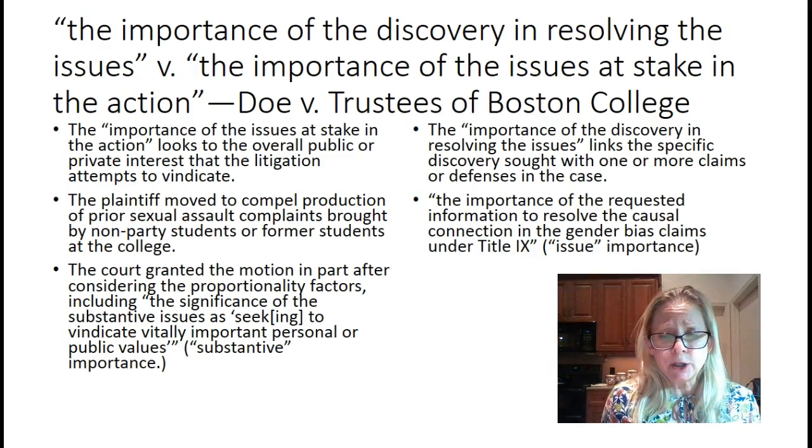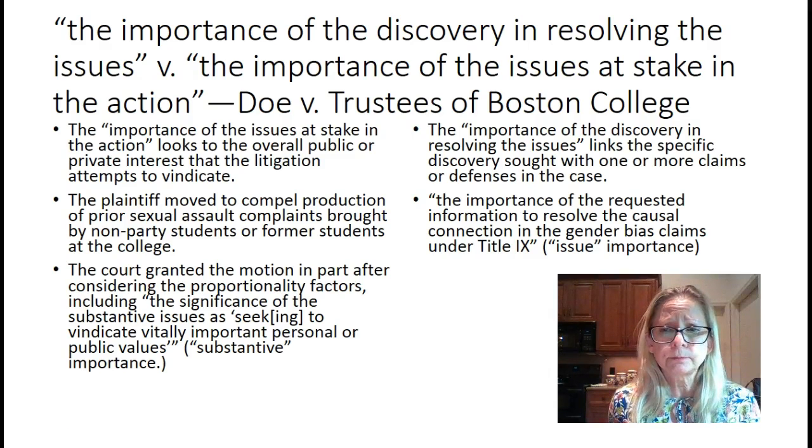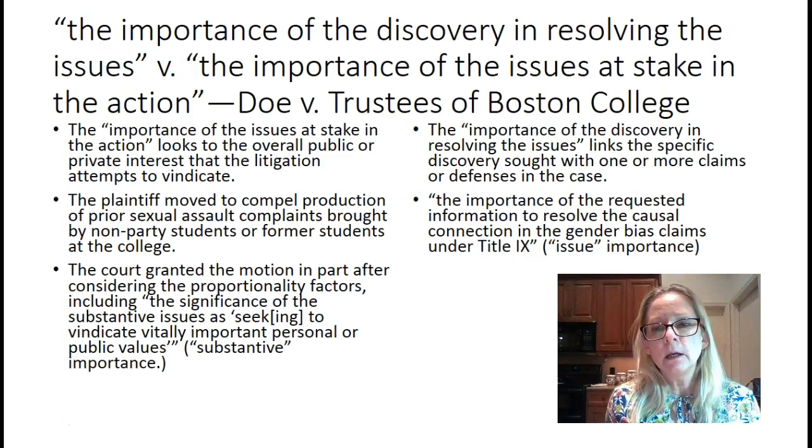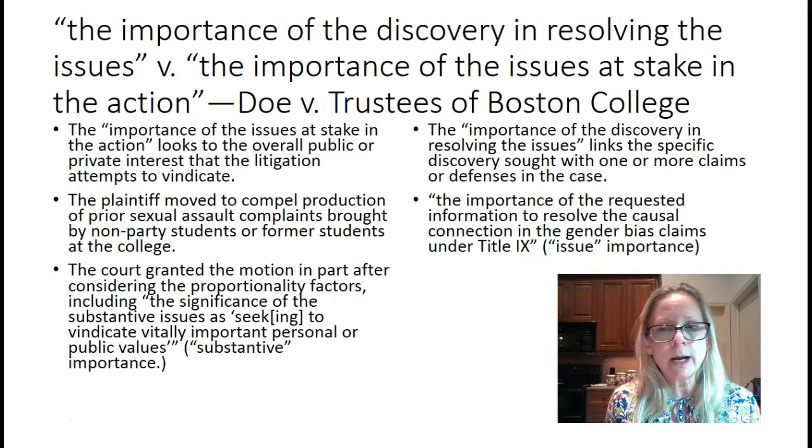A good illustration of the difference is provided by the case of Doe versus Trustees of Boston College, where a student was accused of sexual assault. He claims wrongly, and he claims that the university, in responding to the complaint, violated his contractual rights, due process rights, whatever, Title IX.